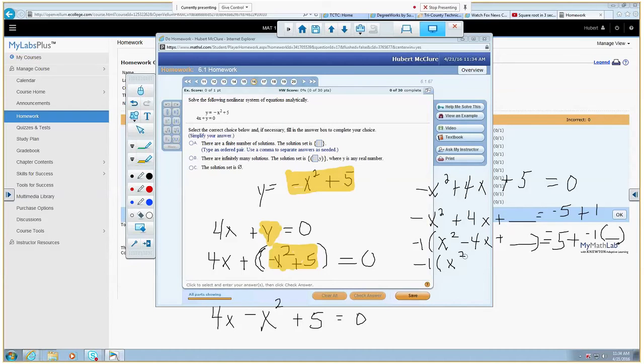X squared minus 4x. What's half of 4? 2 squared? 4. Negative 5. What's negative 1 times 4? Negative what? Negative 4. And that 4 goes right there.